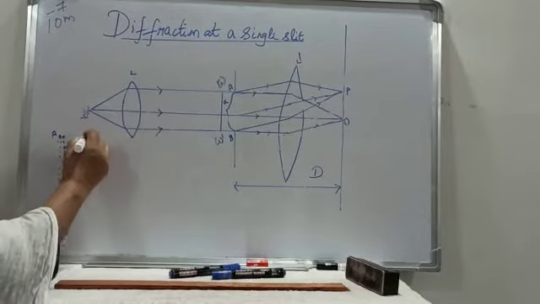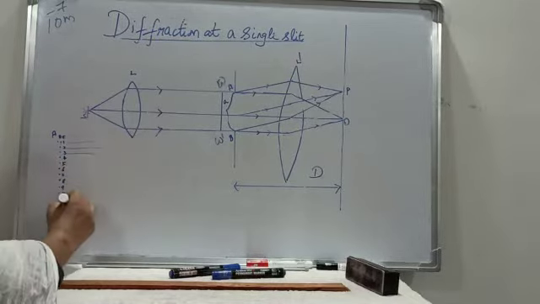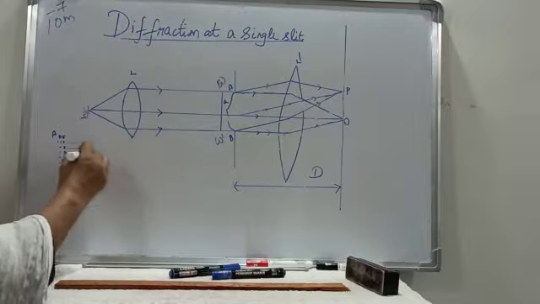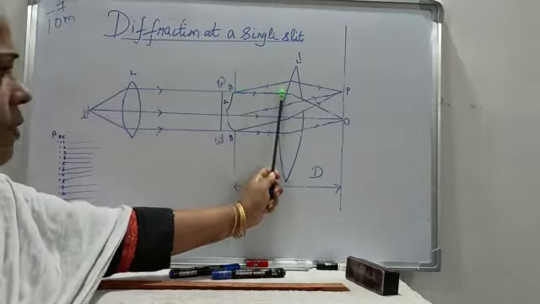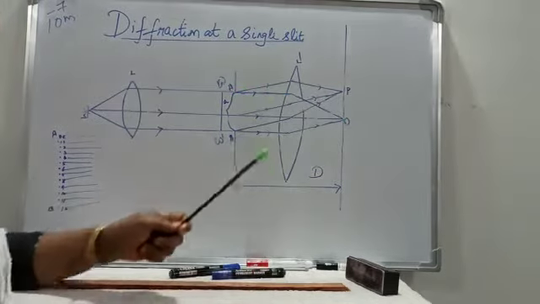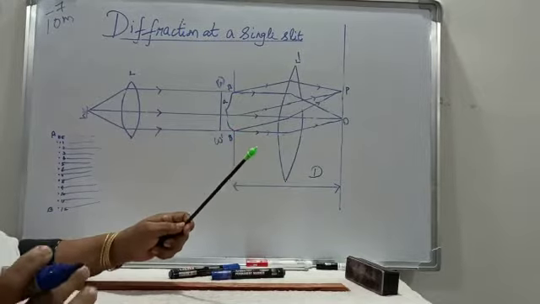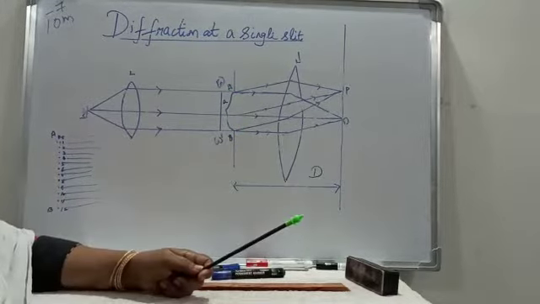All these secondary wavelets travel the same optical path to reach the point O in phase, which means there is no path difference between the interfering waves.